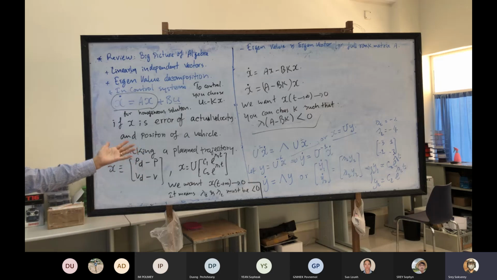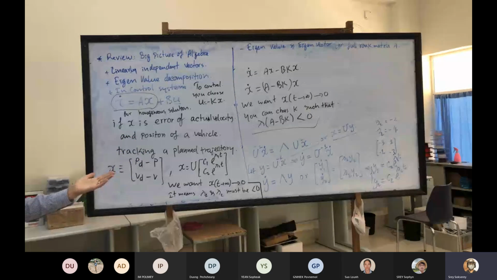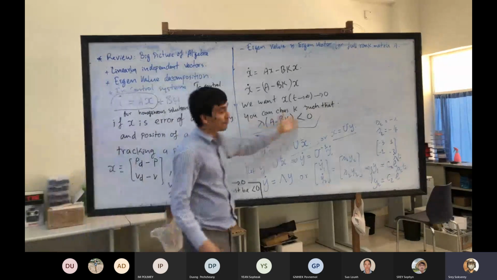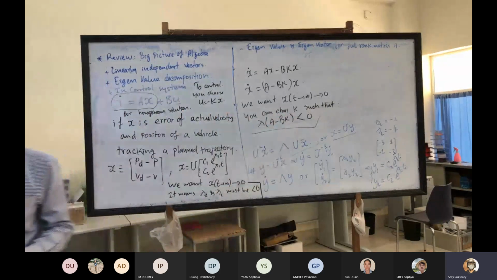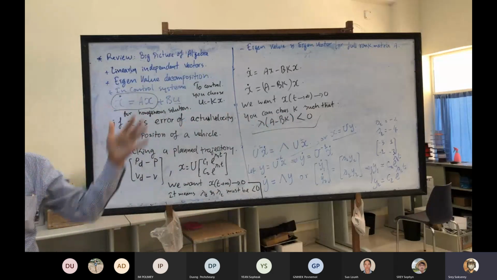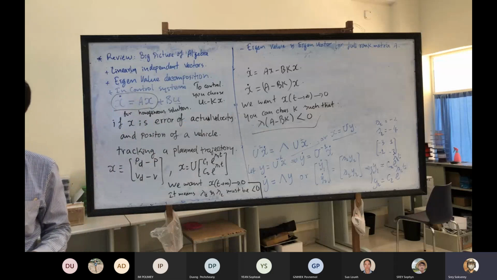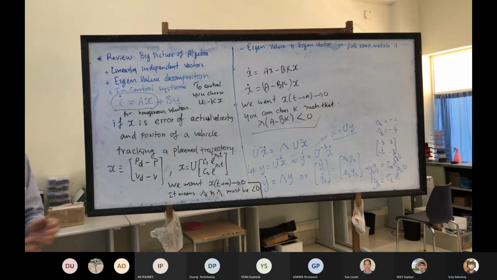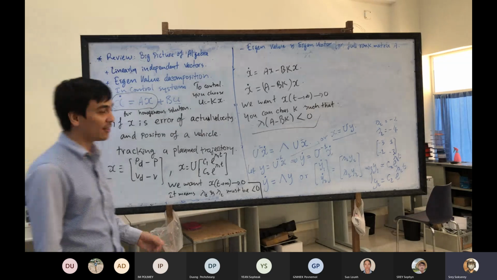When you want to control, you want a stable system, where the error, which is the state of the equation, goes to 0 as t goes to infinity, and you choose K such that the eigenvalues of this matrix are negative. In order to understand this topic very clearly, you must remember all the points I just mentioned. So the lecture today ends here.